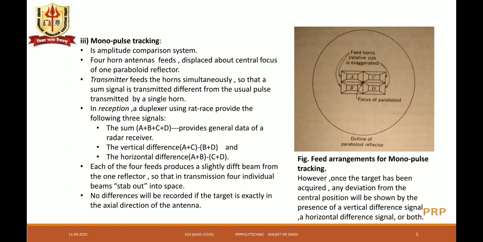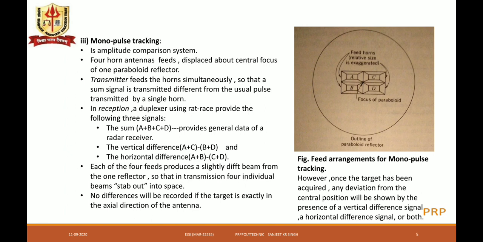Then the transmitter feeds the 4 horns A, B, C and D simultaneously with the same power, so that a sum signal, when it comes out from the 4 feeds, is transmitted, different from the usual pulse transmitted by a single horn.